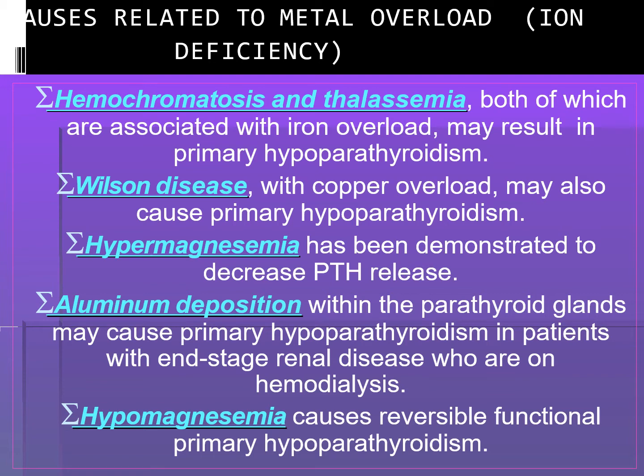Such patients may take magnesium-containing laxatives, antacids or dietary supplements. Magnesium deficiency can cause functional hypoparathyroidism. Other rare causes of hypoparathyroidism are alcohol intake, chronic use of diuretics, and proton pump inhibitors.